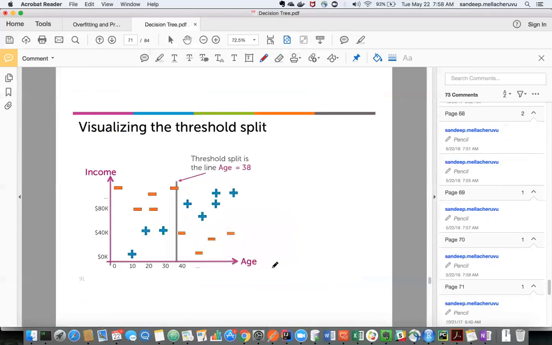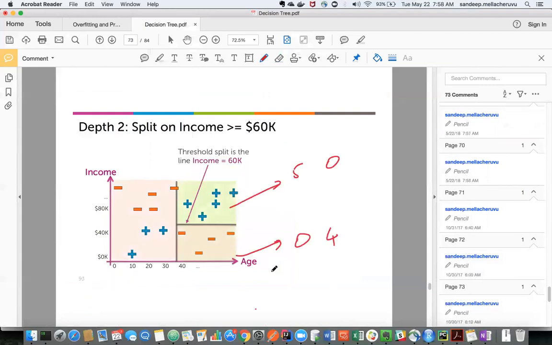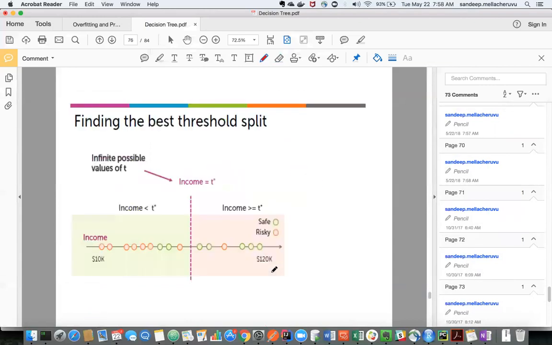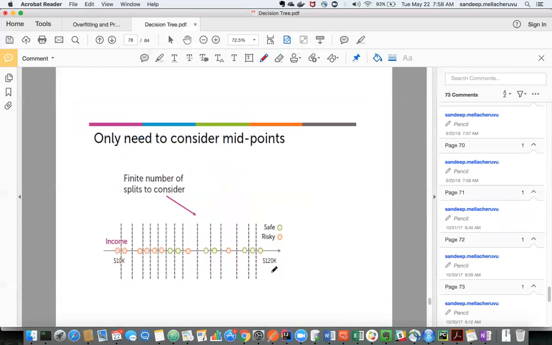What you can do is find out the midpoints between every two data points. For example, this is 10K and this is 20K. The midpoint of 10K and 20K is 15K.